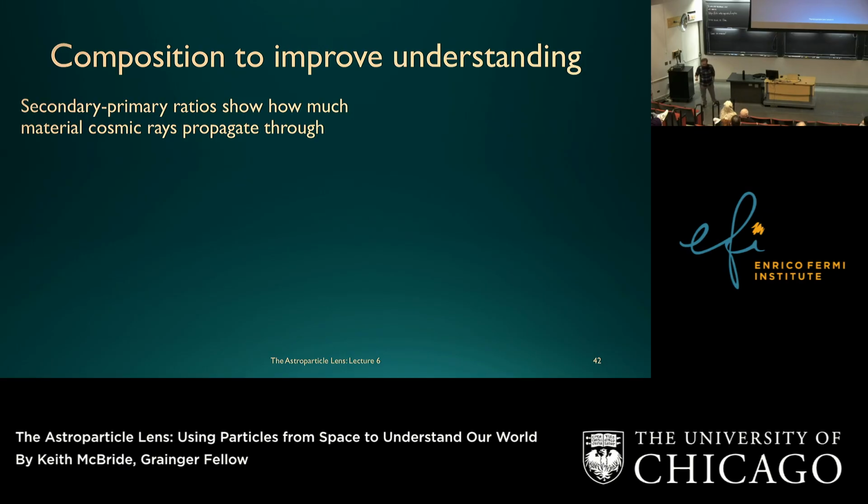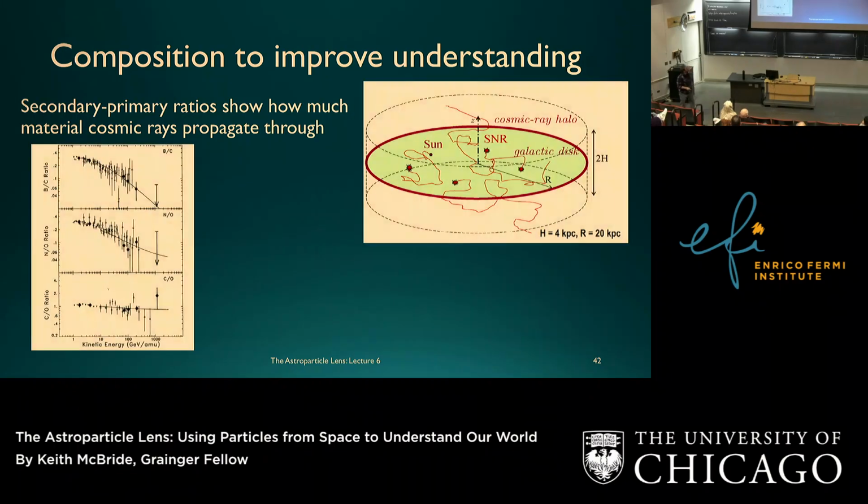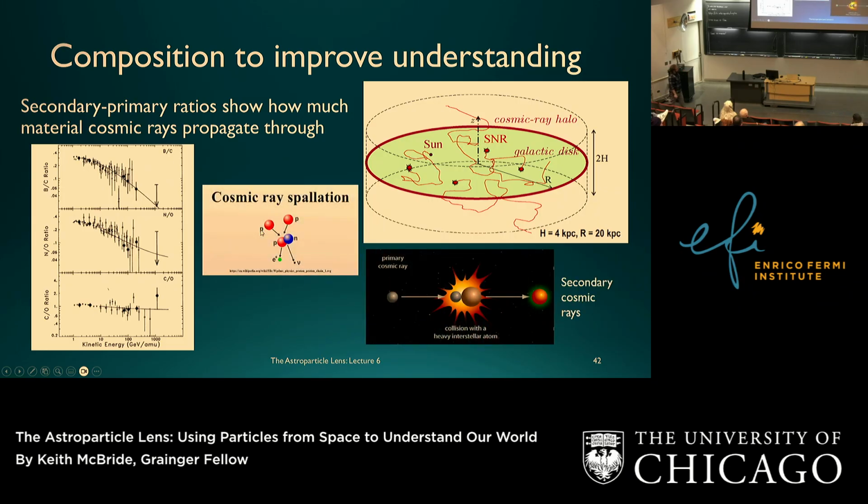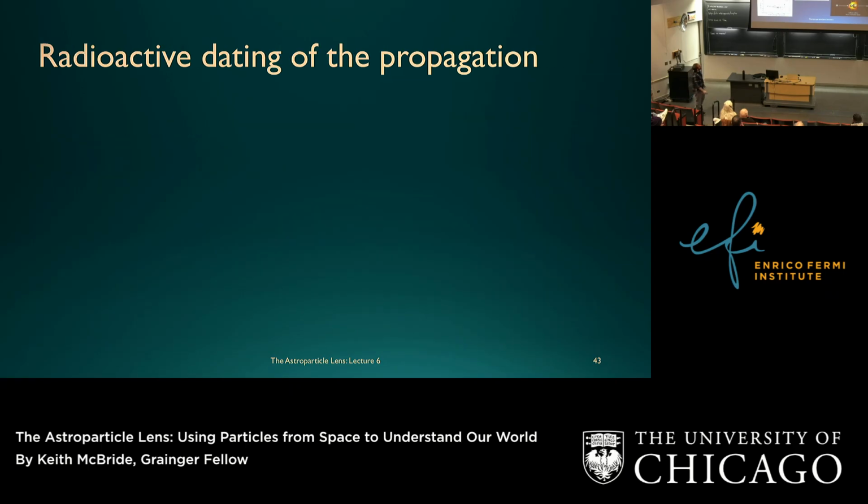We said that there's the secondary to primary ratio, which measures how much material cosmic rays have propagated through in the Milky Way, how many interactions they've undergone as they do this random walk through the Milky Way, right? And so the Chicago egg showed us this boron to carbon ratio for that. The kinds of spallation that you get: primary cosmic ray colliding, secondary cosmic ray out. Can we improve this understanding? Can we test this another way that's not related to positrons?